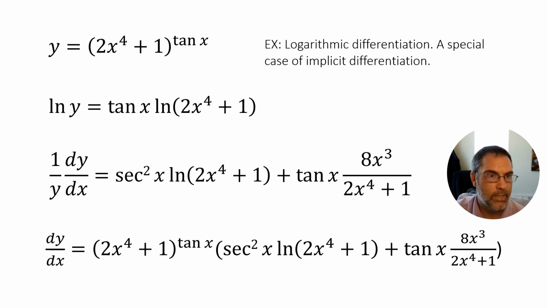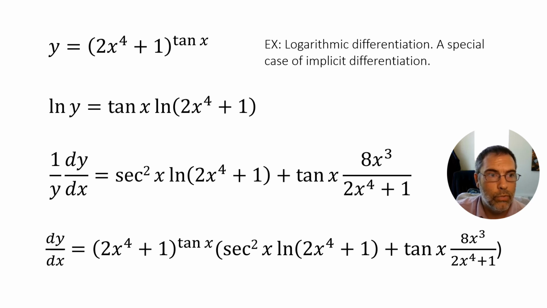Okay, so here's the example. y equals 2x to the fourth plus 1, that quantity to the power of tangent x. So it's an exponential, but it's not one that's simply where we can apply the rule for an arbitrary base exponential. The base is a function, the exponent is also a function, so we have a complex relationship here of a composite function.